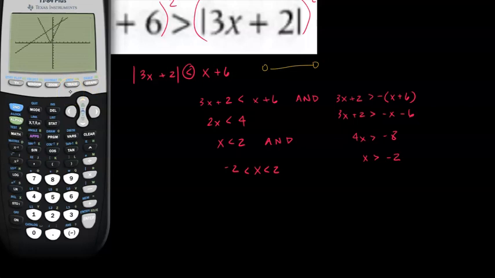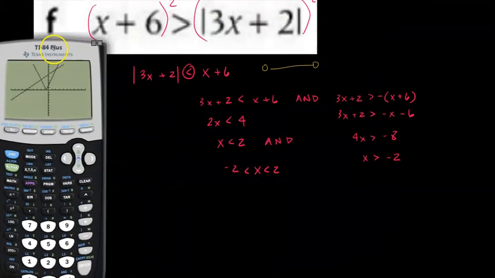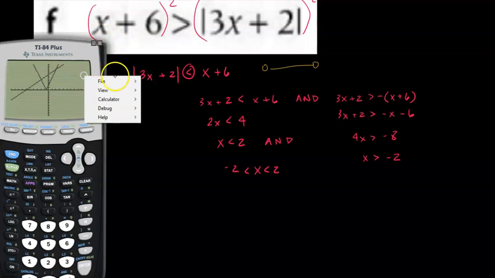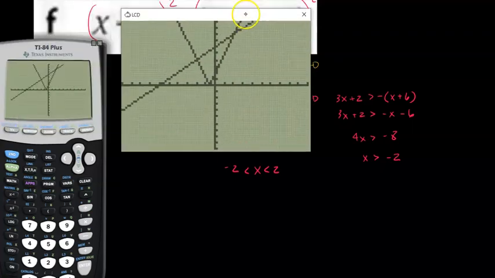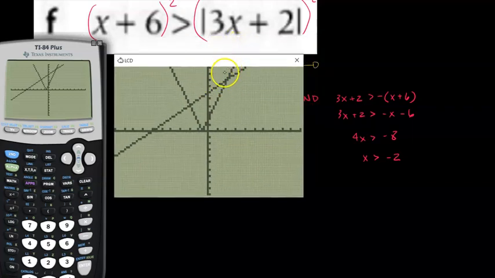You can see that they have 2 intersections right here, and it's saying that it's the area where the linear function is going to be greater than the absolute value function.